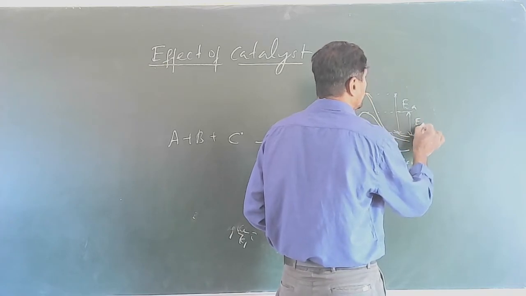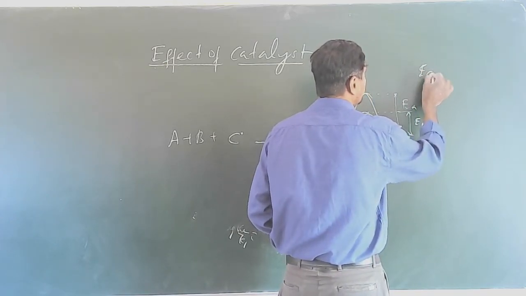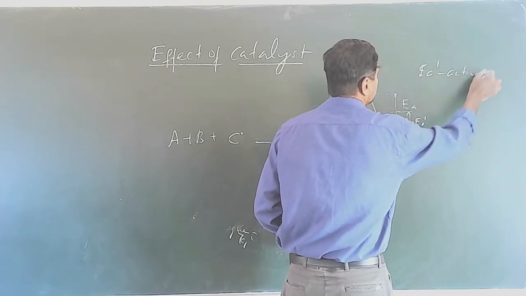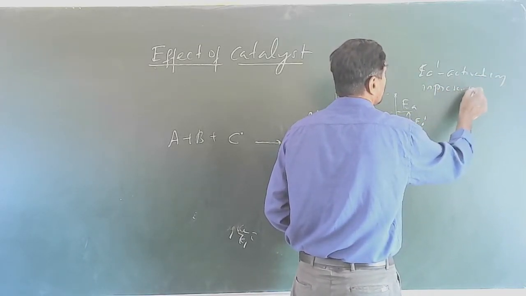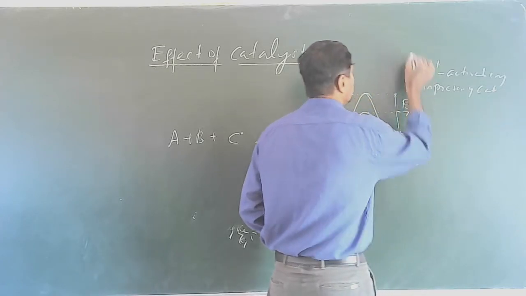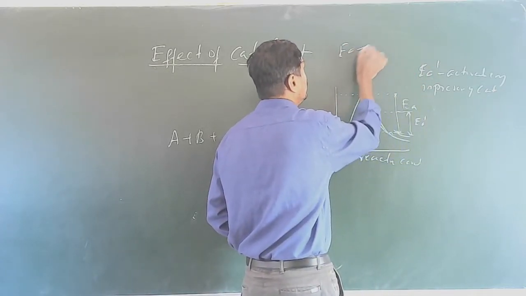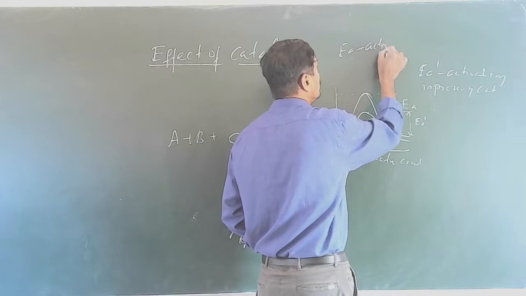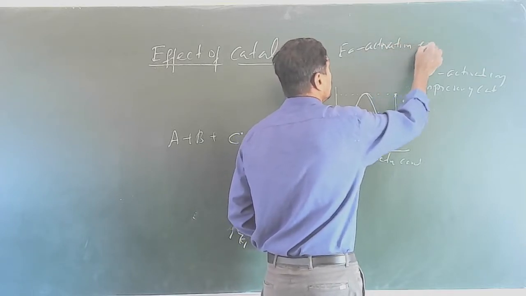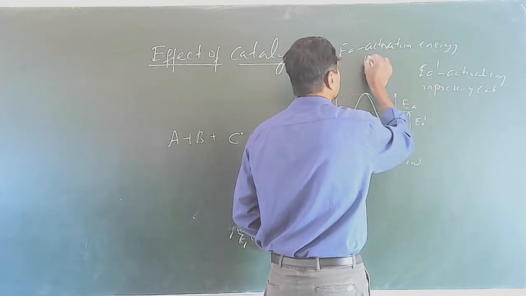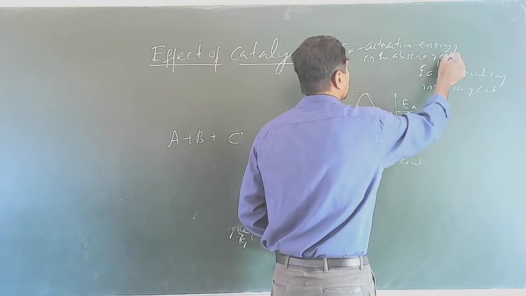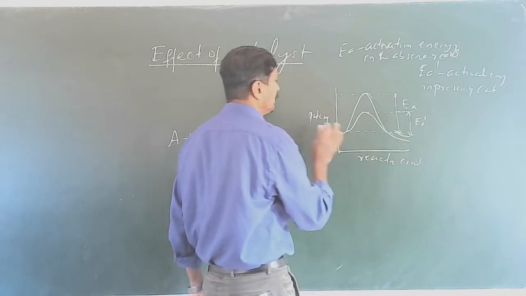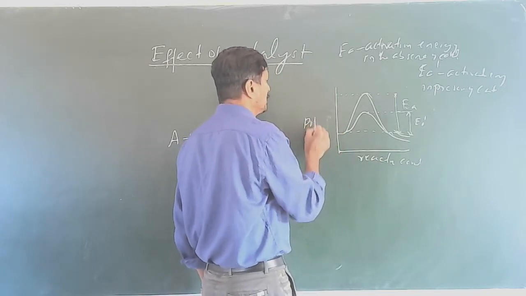This is Ea dash. Ea dash is the activation energy in the presence of catalyst. Ea is the activation energy in the absence of catalyst. This axis is the reaction coordinate, and this is the potential energy.